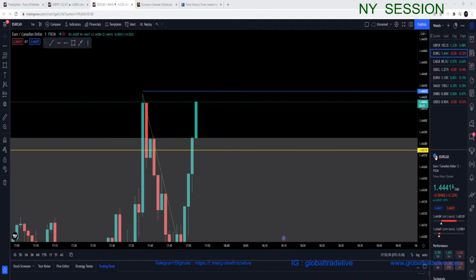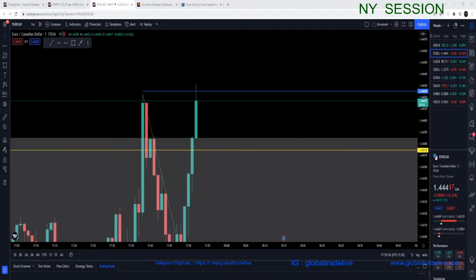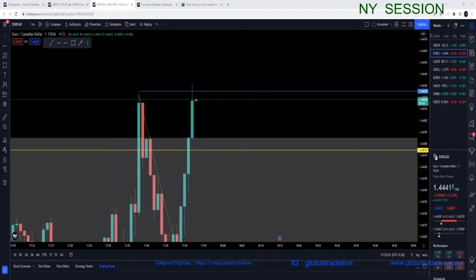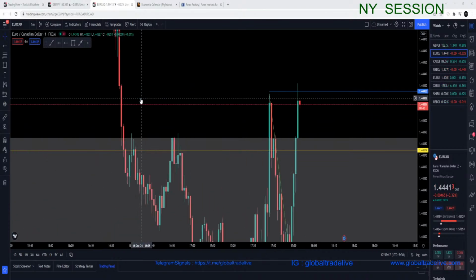Last 20 seconds remaining. This candle closed strong bullish over here.